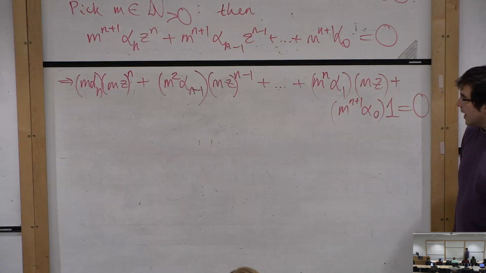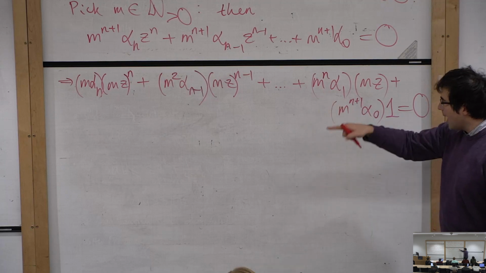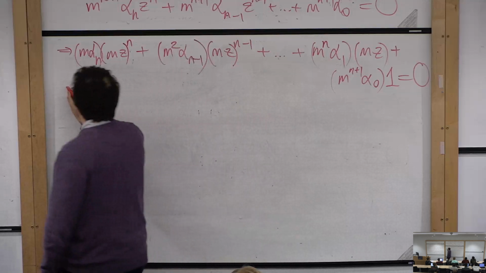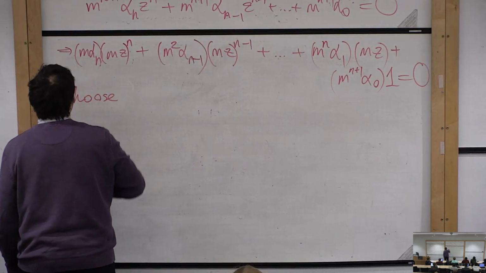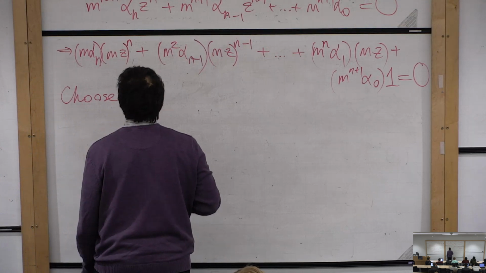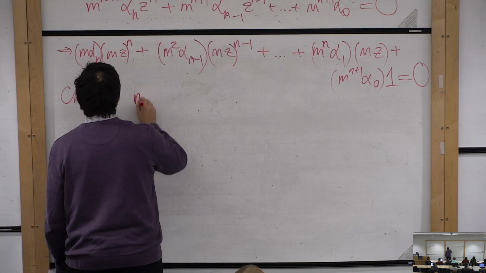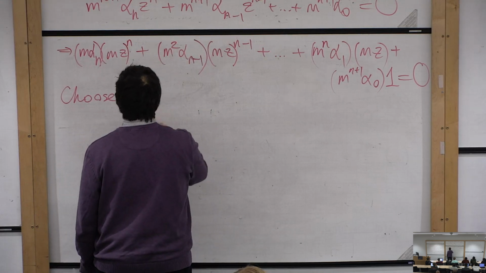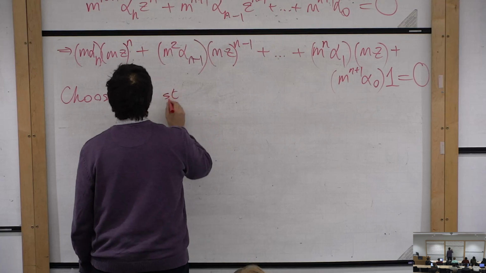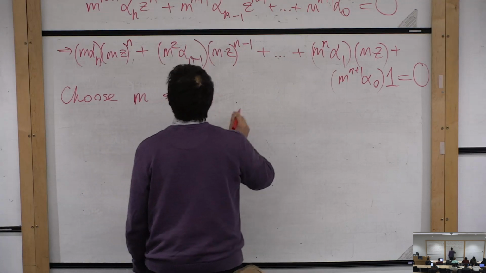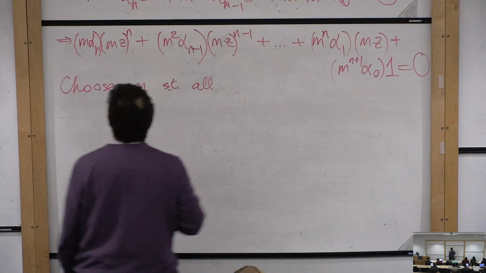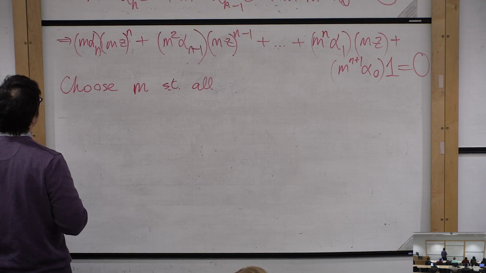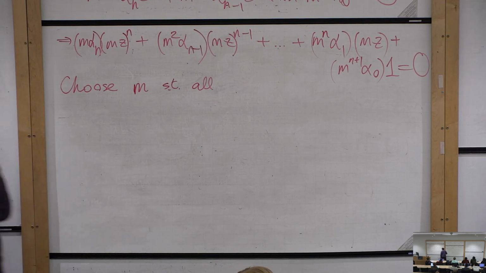Good. And obviously then m can be chosen to ensure that m times each alpha i is an integer. Okay, so I don't want to spend long with this.